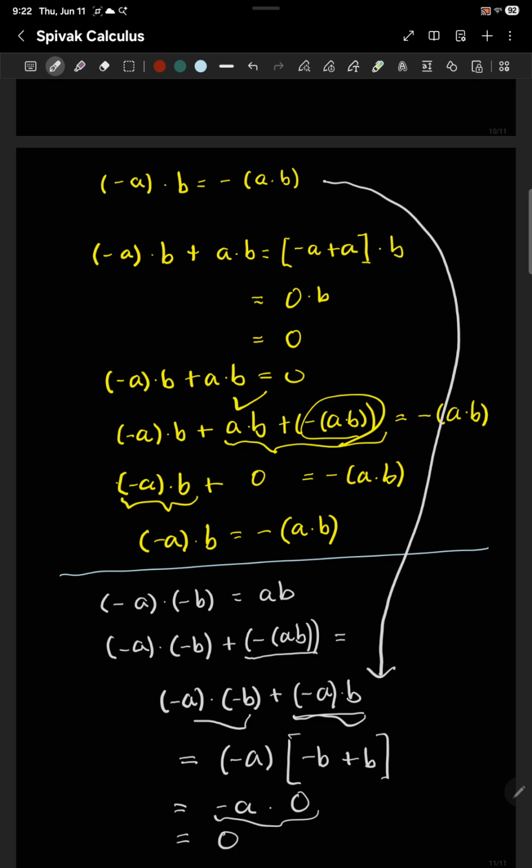So now we know that these two terms are equal to 0, which means that minus a times negative b is equal to ab.